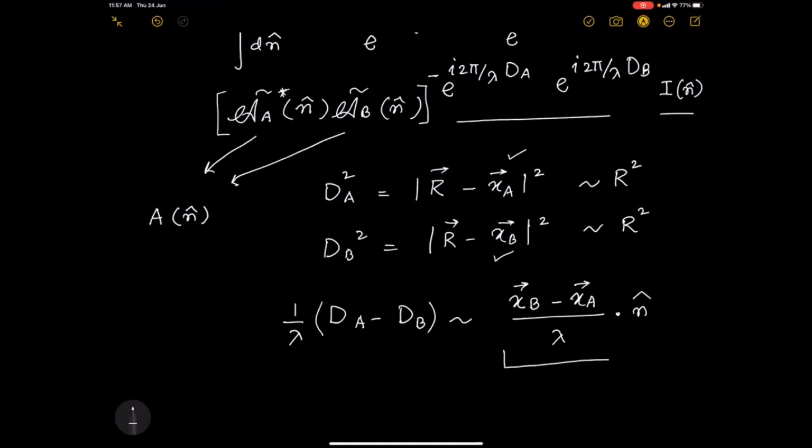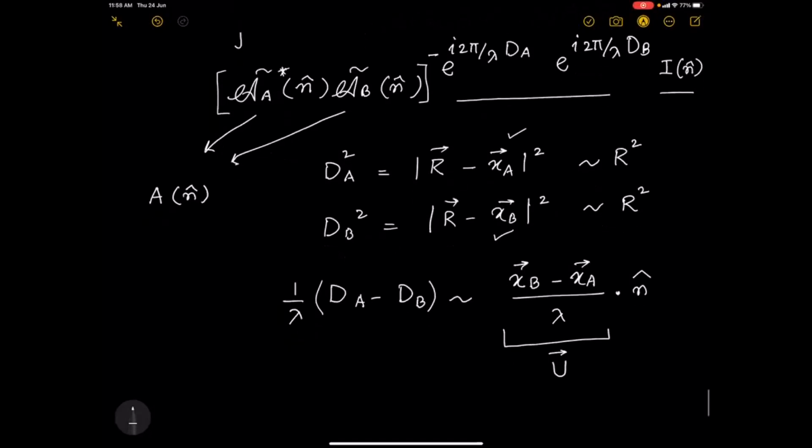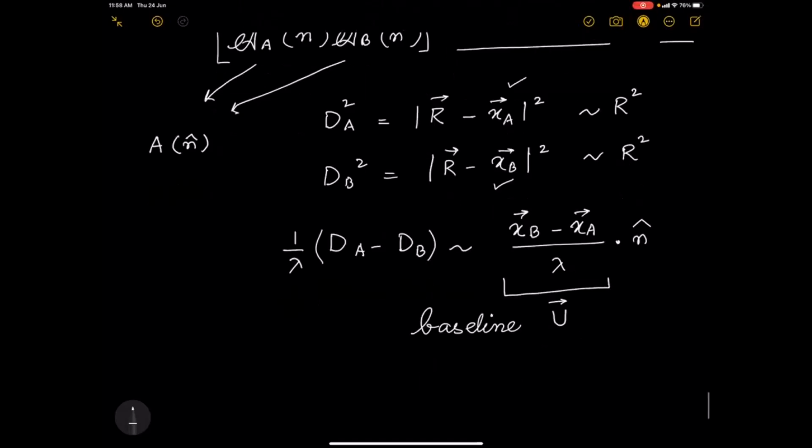This quantity, which is the difference in the position of the two antennas in the units of the observing wavelength, is one of the very important terminologies in radio interferometry. This is called the baseline. Now this is a vector. I can choose a coordinate system to write down the components of the vector.